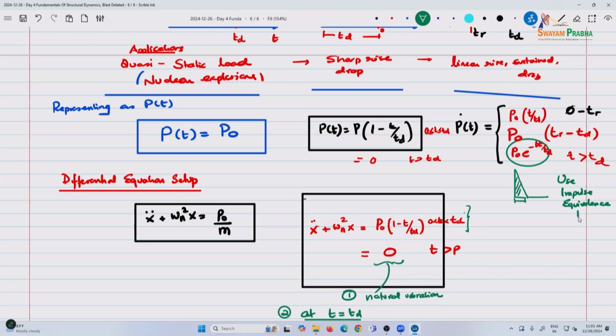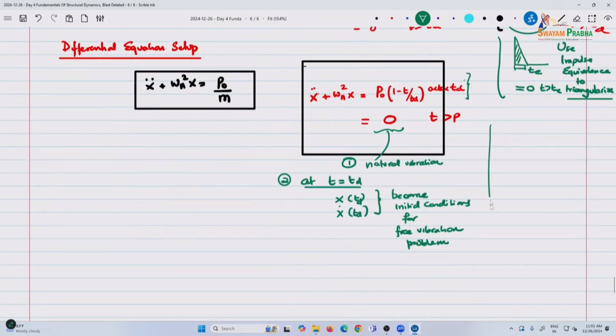Use impulse equivalence to, I don't know if this is a word, triangularize. Triangulate, no, not triangulate. Triangularize is probably better. And then, this leads to, let's say this is TE, then equal to 0 for t greater than TE, right? So now you would set this up as, again, all of this is without damping.